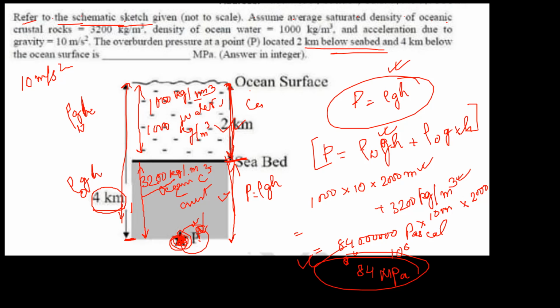Then, 1 megapascal is equal to 10 to the power of 6 pascals, so here the answer will be 84. First of all, you have to see in what unit the question asks you to give the answer. Based on that, if your unit is wrong, the answer will be wrong. You have to see the unit they are asking. That is also an important thing in JAM.